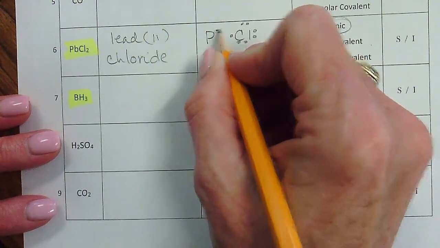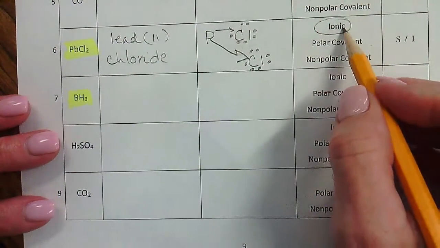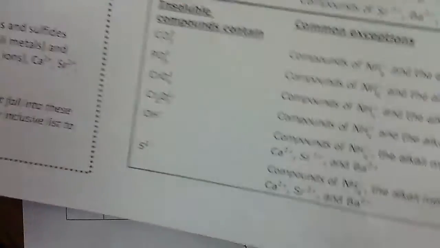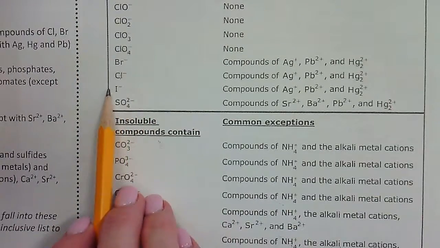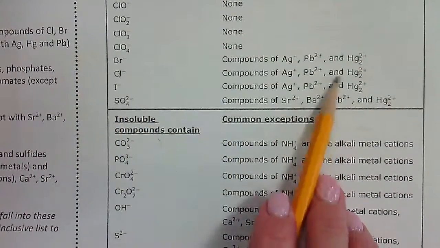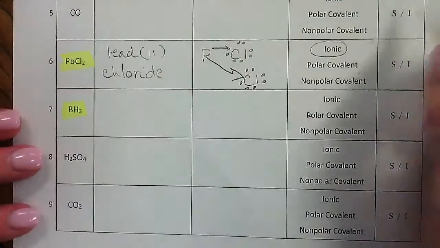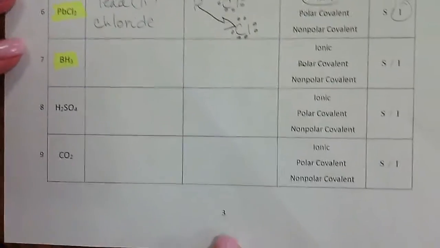And then 1 and then 1. There's a transfer of electrons. It's ionic. Going back to our solubility rules we'll talk about later again, chlorides tend to be soluble, so most chlorides will dissolve in water unless they're lead chloride. Yep, lead chloride will not dissolve in water, so it is insoluble. We'll again learn more about the solubility rules later.